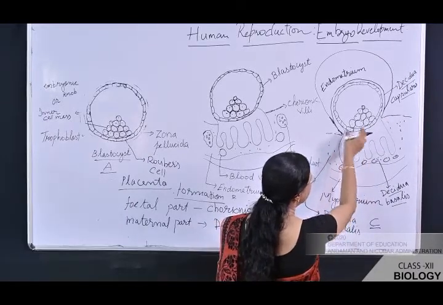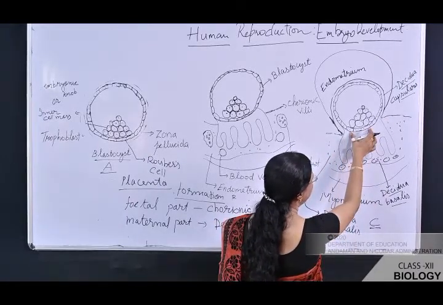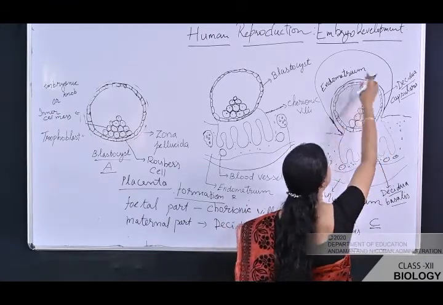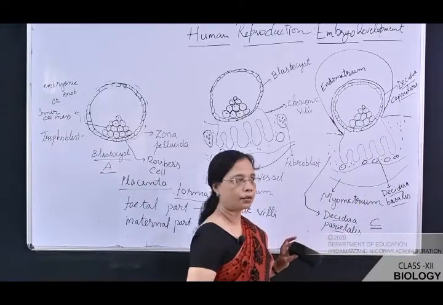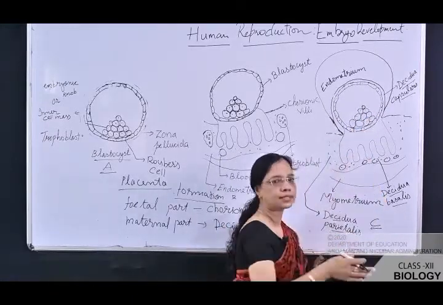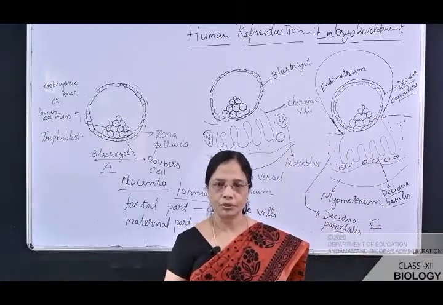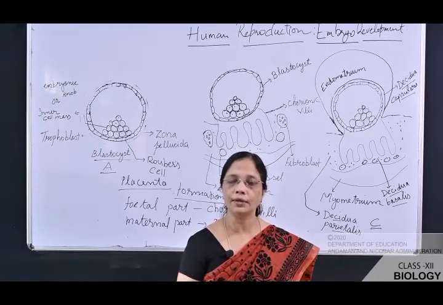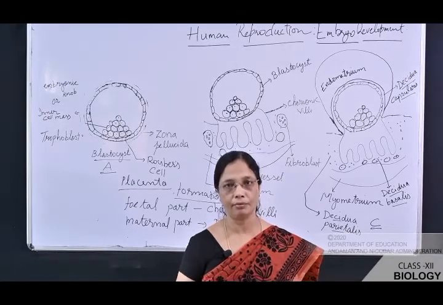As soon as the blastocyst gets implanted in the endometrium, the tissues of the endometrium cover the blastocyst. Now the blastocyst is inside the endometrial tissue, so we can say the blastocyst sinks into the endometrium and gets buried in it.